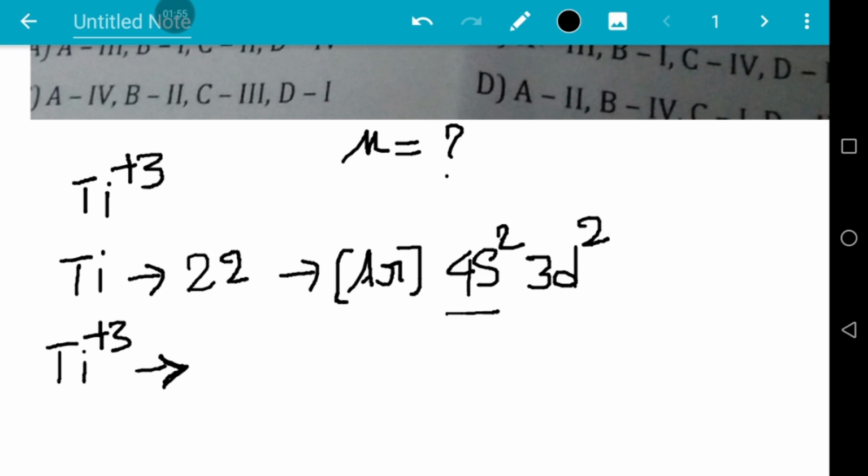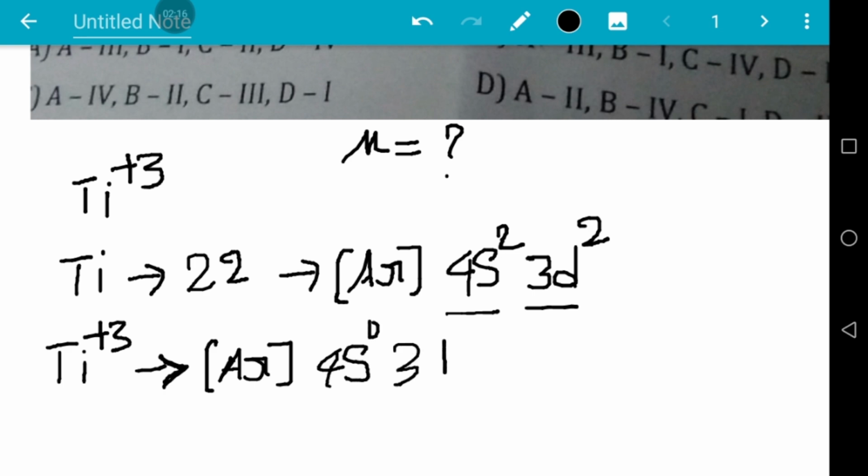We have to remove 3 electrons, so first we remove the electrons from the 4s shell. Removing 2 electrons gives 4s0 and 3d1. So the titanium plus 3 configuration is argon 4s0 3d1.